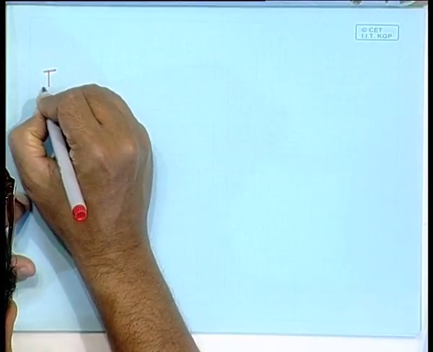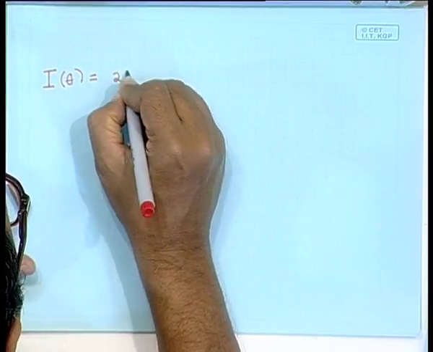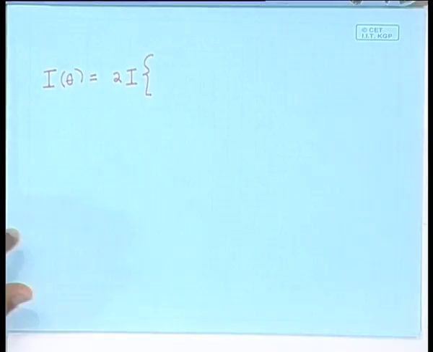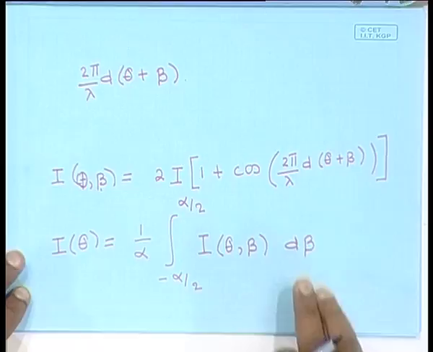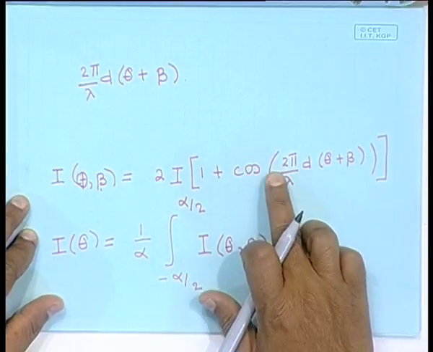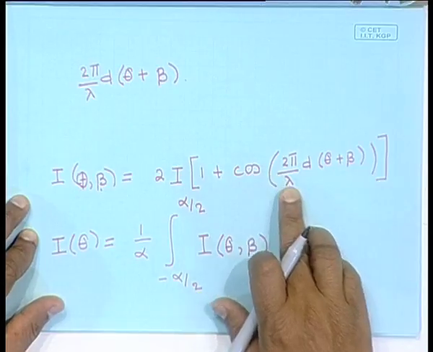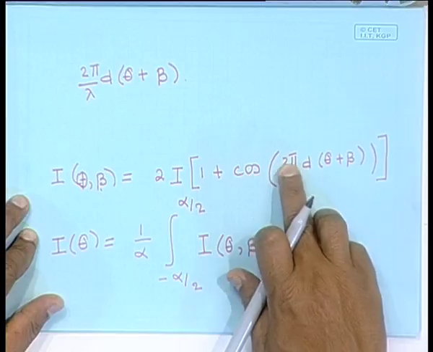So, I have I theta is equal to 2I, that is the contribution from the constant term over here. Now, when I do the beta integral over here, this will give me sine, and I will have a factor of lambda by 2 pi d.